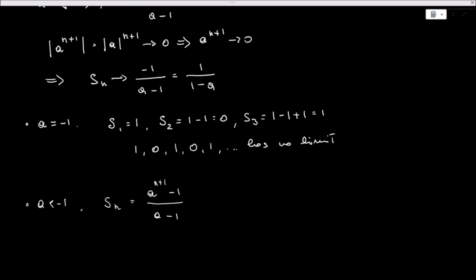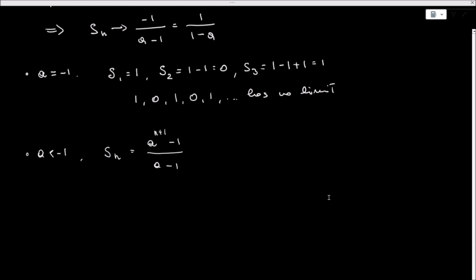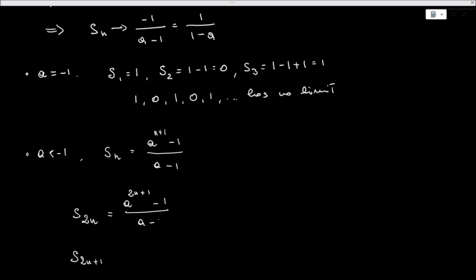We clearly see that this sequence of partial sums can diverge to plus or minus infinity depending on the exponent being even or odd. So let's consider the two subsequences, S2n and S2n plus 1. Well, in this case we have a to the 2n plus 1 minus 1 divided by a minus 1, and in the other situation we have a to the 2n plus 2 minus 1 divided by a minus 1.